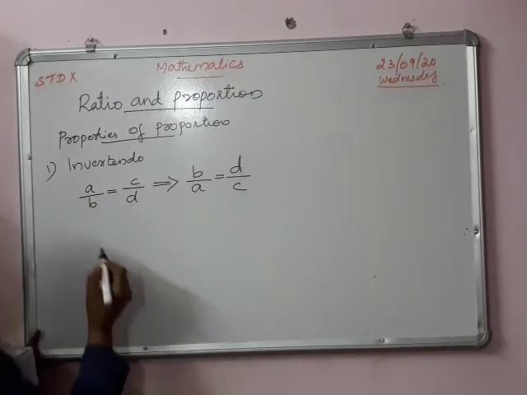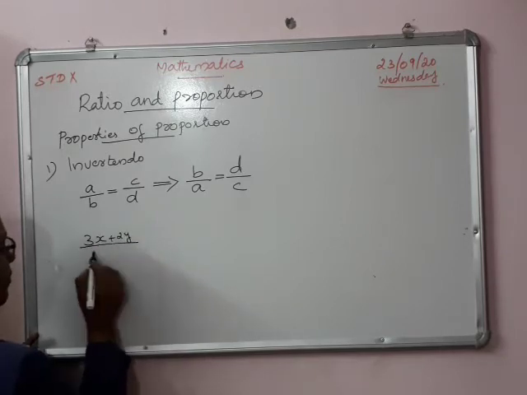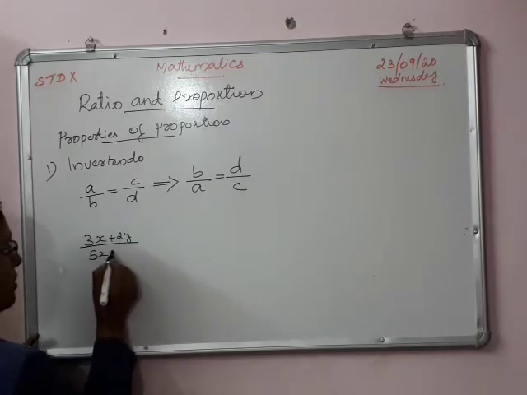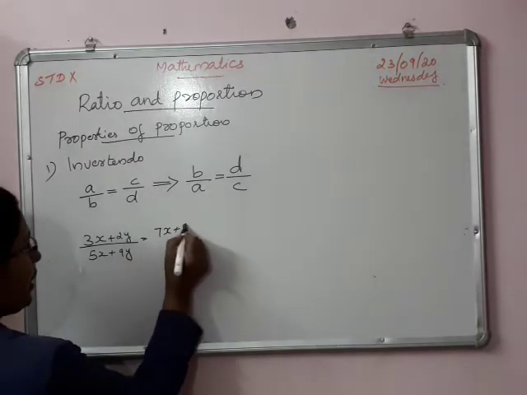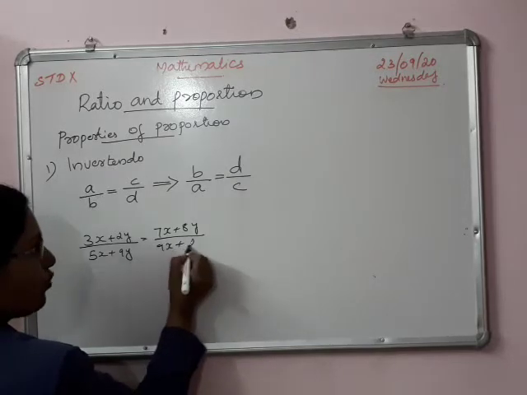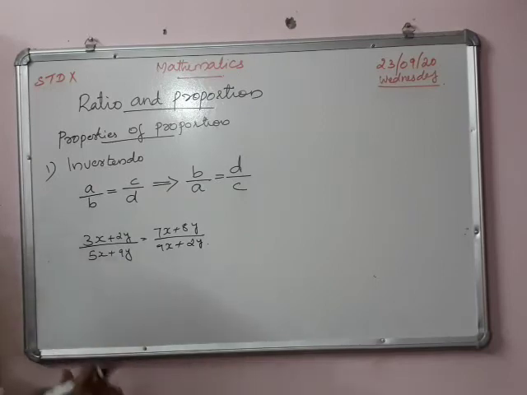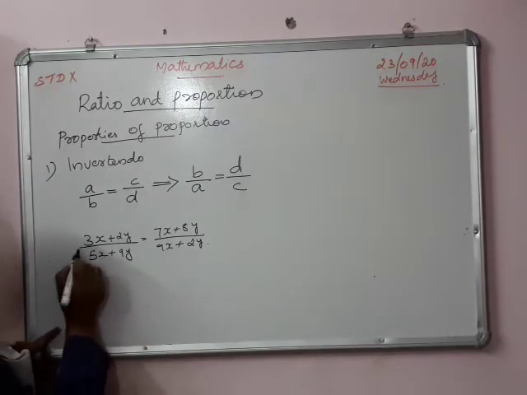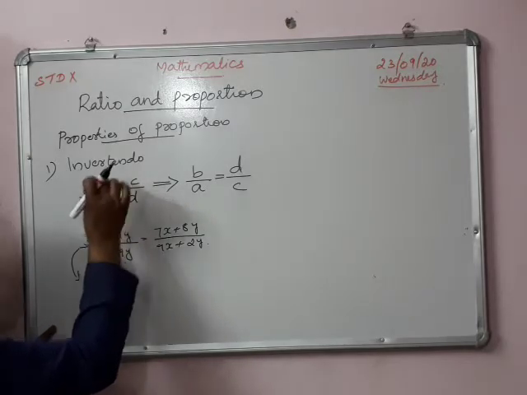For example, suppose (3x plus 2y) divided by (5x plus 9y) is equal to (7x plus 8y) divided by (9x plus 2y). Suppose it is given in the form of a ratio. Then how can we write it according to the property of invertendo?